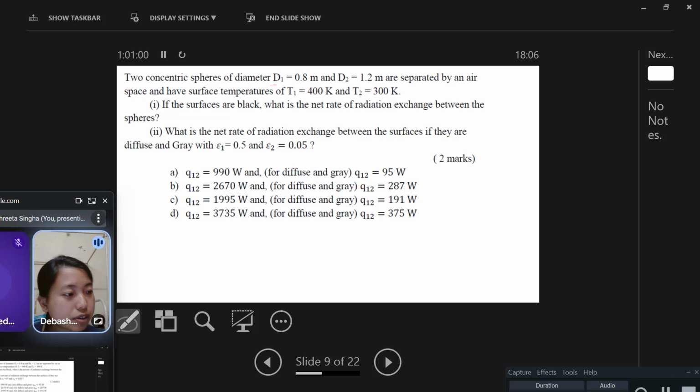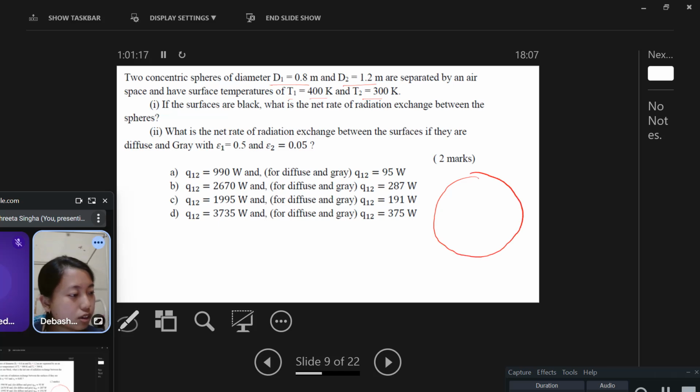Concentric spheres of diameter D1 equal to 0.8 and D2 equal to 1.2 meter are separated by an air space, and have surface temperatures of T1 equal to 400 and T2 equal to 300. So these are again concentric spheres.